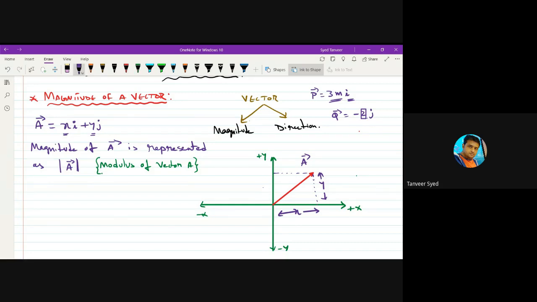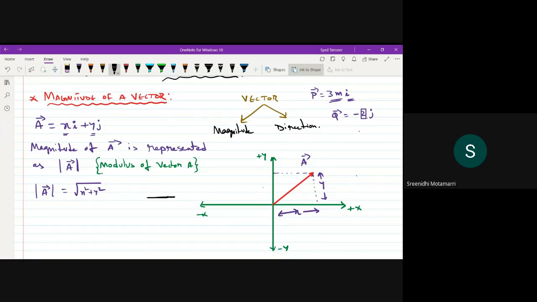And how much is mod A? Mod A can be written as root of x square plus y square. This is nothing new. I hope everyone knows the Pythagoras theorem.